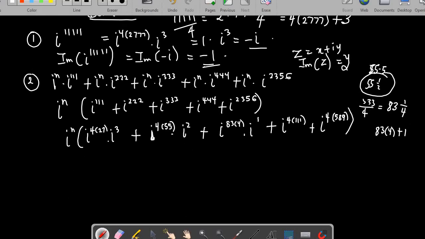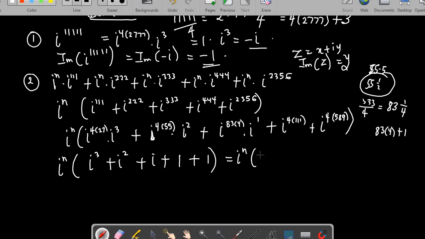Then from here now, let's evaluate easily. This will be i raised to the power n into 1 times this, i cubed plus i squared plus i plus this 1, plus 1. Now this equals i to the power n into i cubed is minus i, i squared is minus 1, then plus i plus 2.